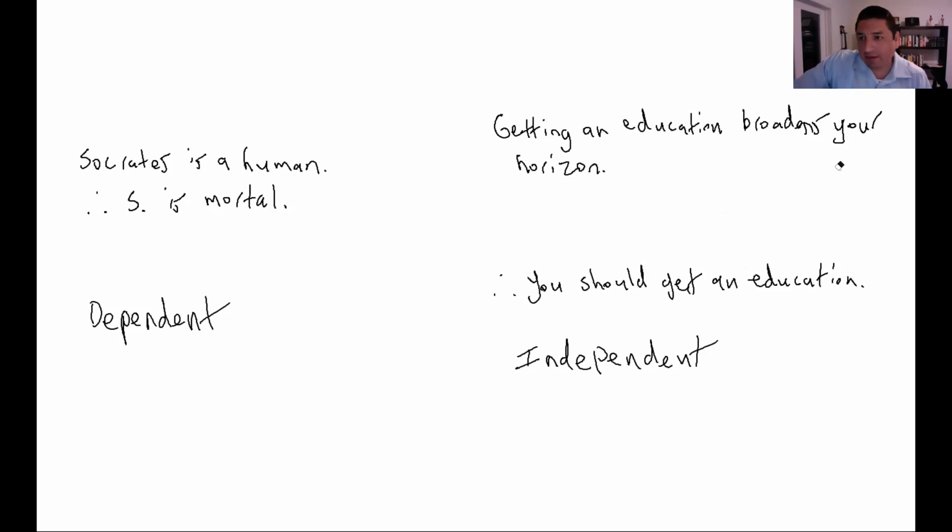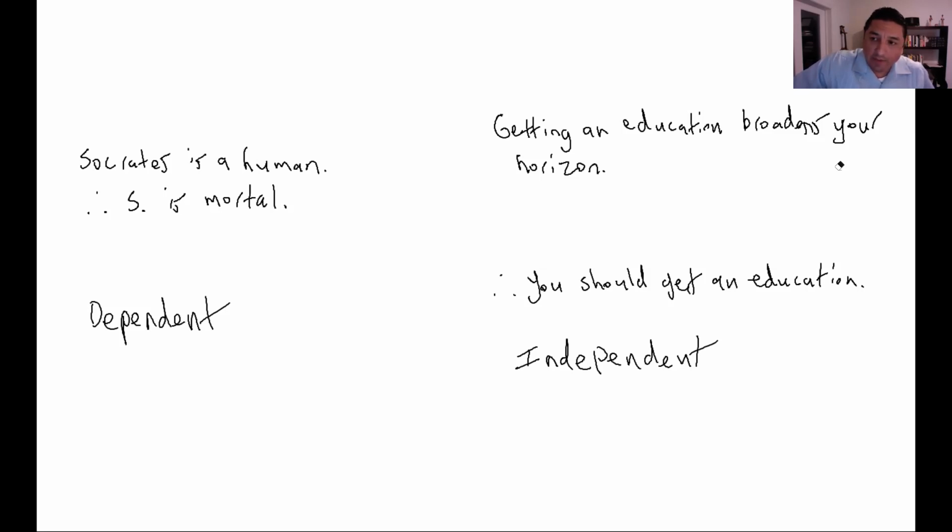So the second argument had independent premises as a part of it. And so those kinds of fine-grained logical relations are what argument diagrams allow us to capture.